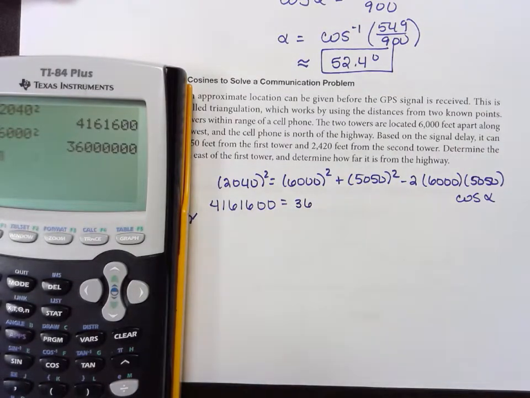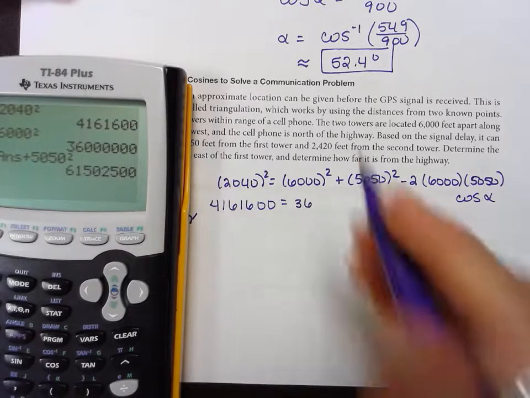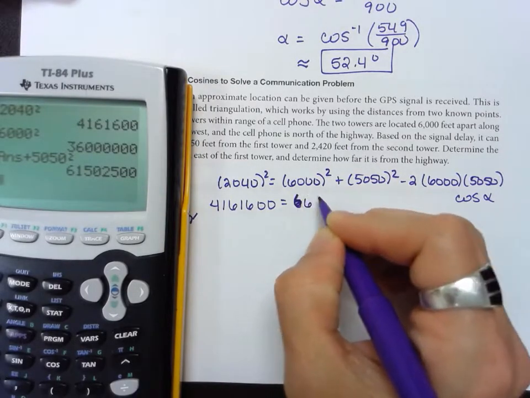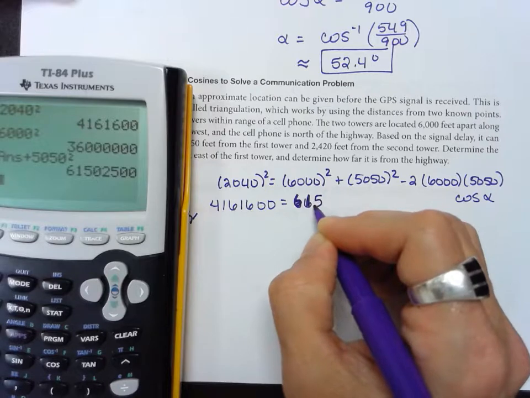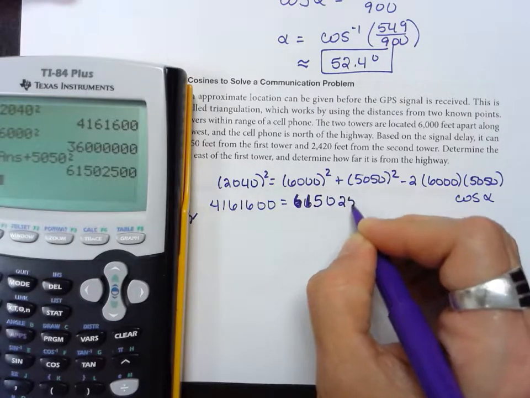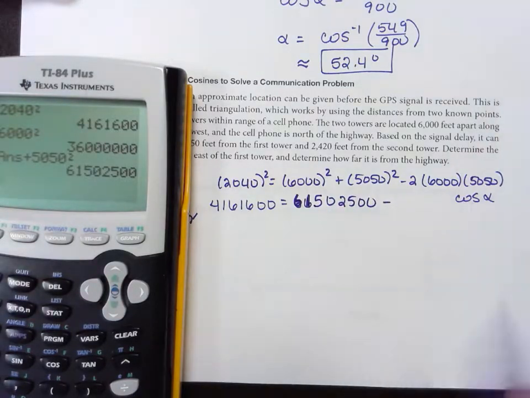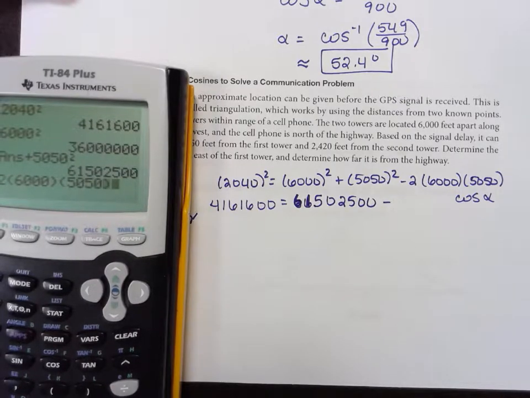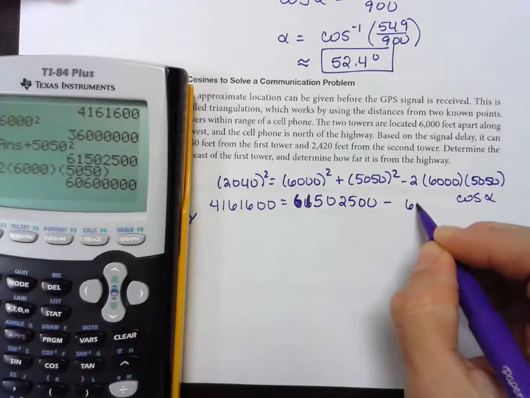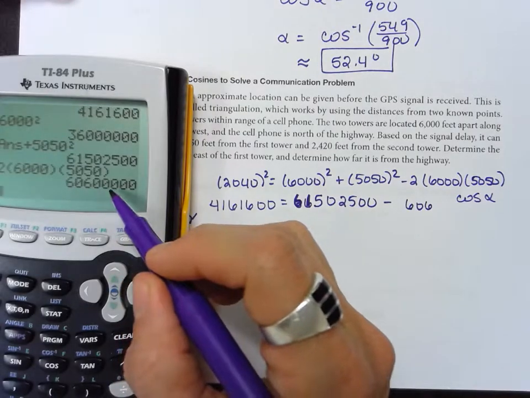I'm going to go ahead and add this. So we have 615,025,00 minus 606,123,45.